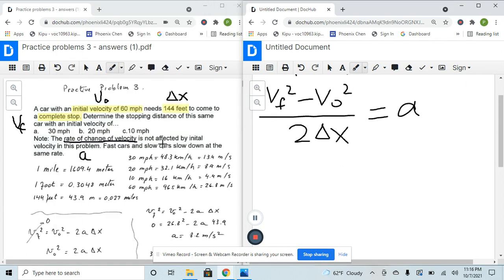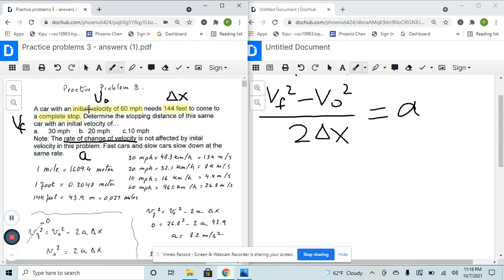Okay, and then another thing to note before we plug our numbers in is that so far we've got both miles and feet measuring distance. So we need to convert our units so they're using the same unit of measurement. So in physics, we use meters, and then we're also going to use seconds. And we'll just use the conversions that have already been given to us.